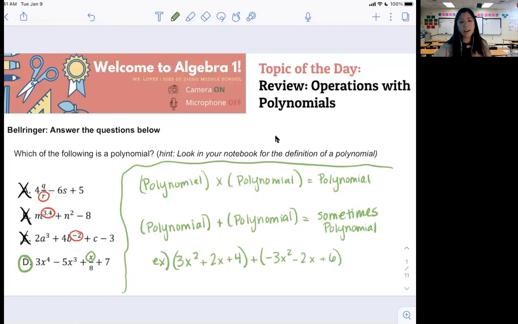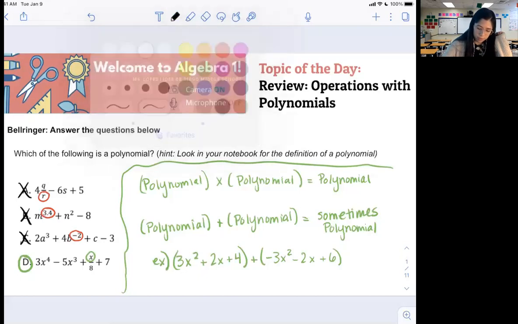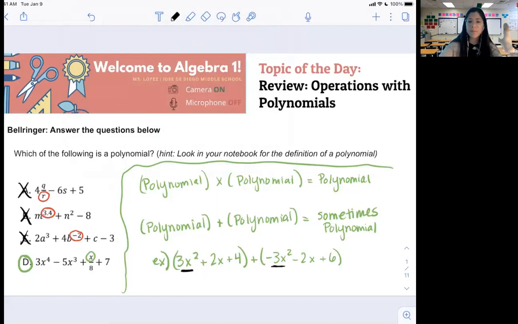If I was going to add these two polynomials together, we're going to combine like terms. So when I combine like terms, what are two like terms that I can combine? 3x to the power of 2 and negative 3x to the power of 2. Well, what do I get? Positive 3x squared and negative 3x squared, 0.